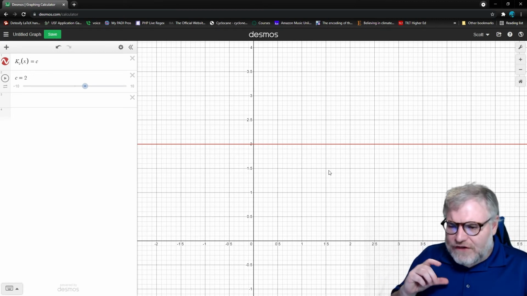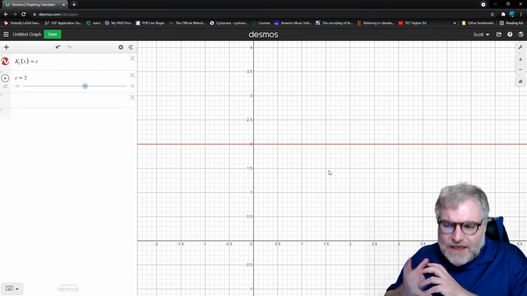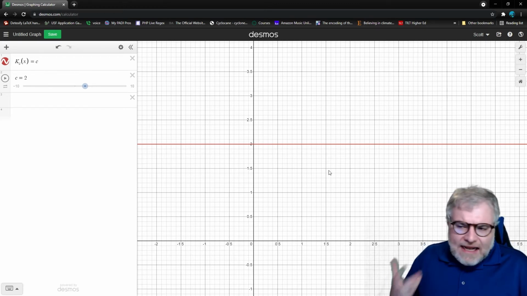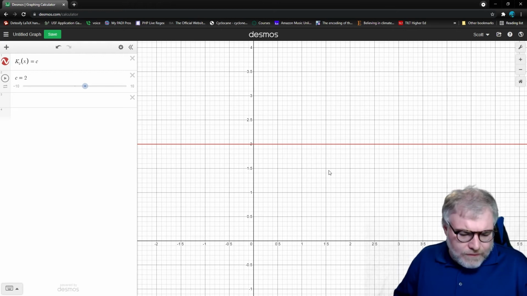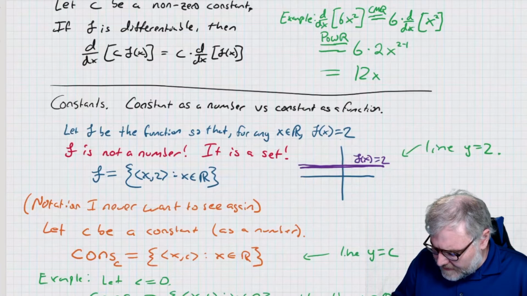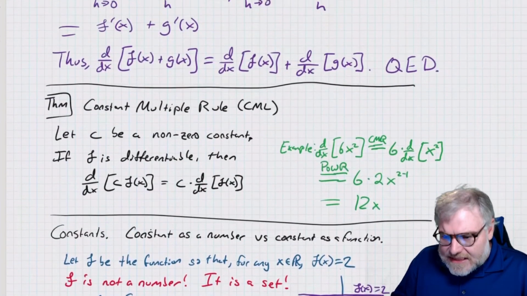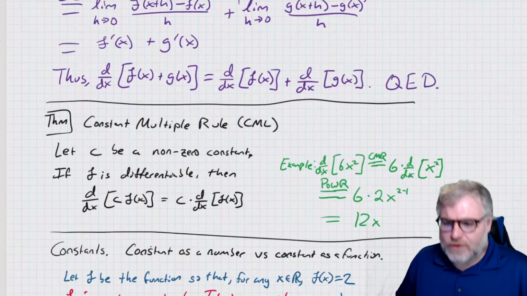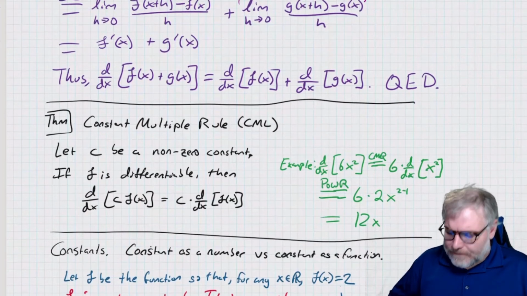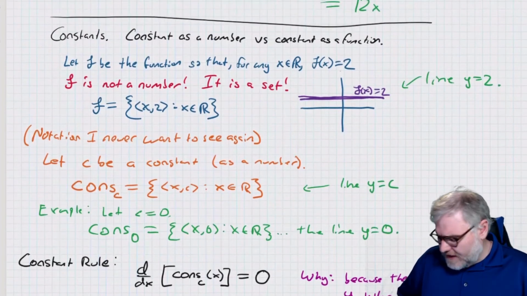So this is the derivative not of a constant as a number, but the constant as a function. So I just want you to be aware of this in the back of your head, that this right here is a function. This C right here, when I'm talking about the constant multiple rule, I'm treating the constant as a number. But when I treat the constant as a function, the derivative is different.